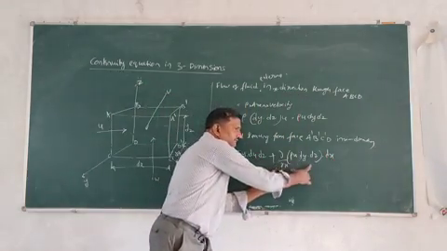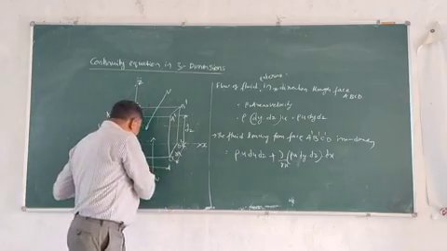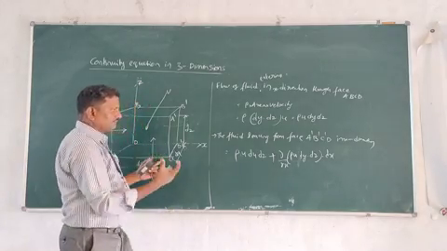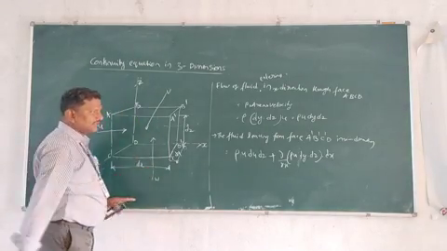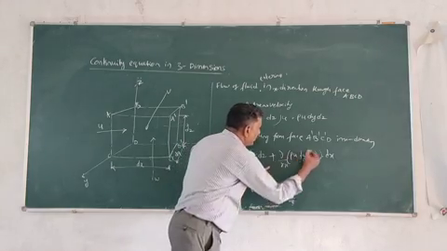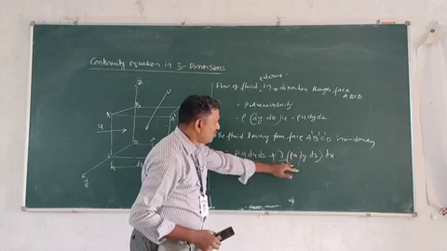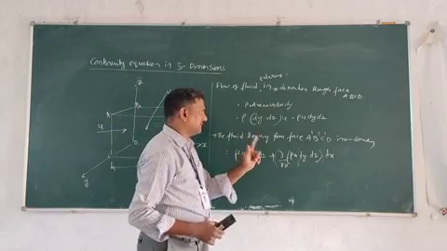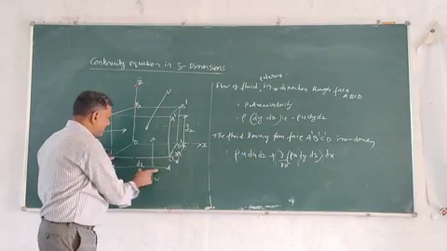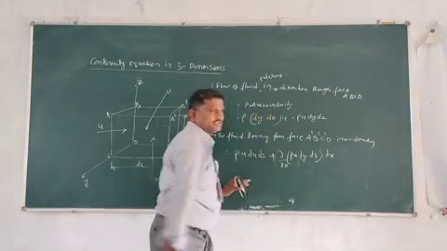This is the variation of fluid flow along the x direction for the length of dx. If you consider only this term, it is the variation of fluid flow in x direction for unit length. That is why we are multiplying by dx.